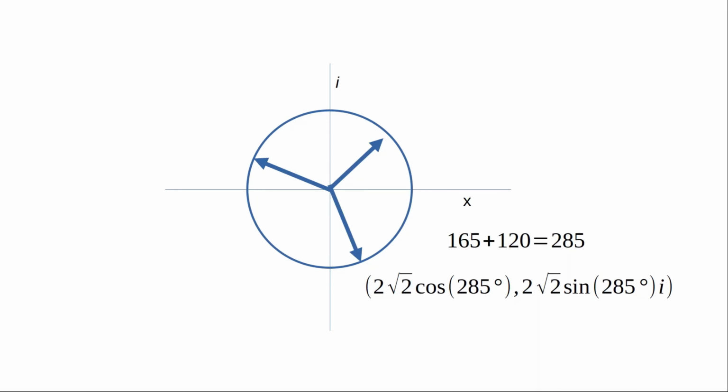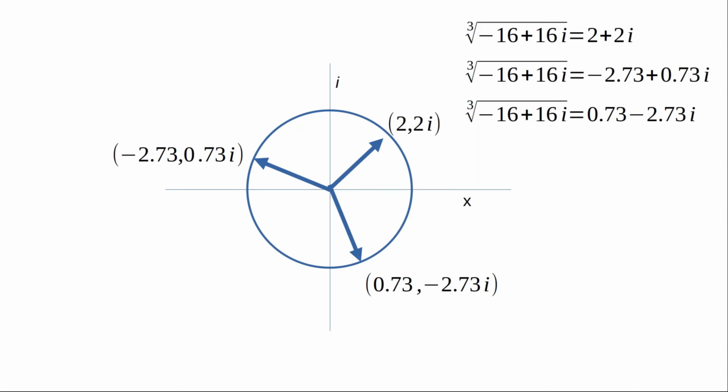Then we add 120 to 165 to get 285. And again, the calculation is radius times cosine of the angle, 2 radical 2 times cosine of 285. And the imaginary component is 2 radical 2 sine of 285i, which is approximately 0.73 comma negative 2.73i.